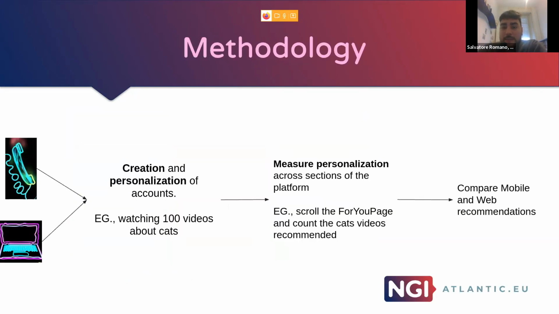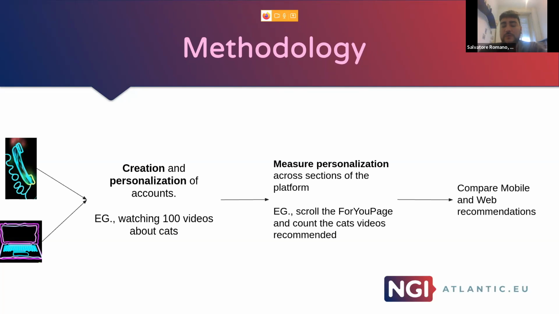Really quickly, the methodology involved a creation and personalization phase. So we created many accounts, and we personalized them using a common procedure across web and mobile. Here I put an example. For example, we used 100 cat videos to personalize some of the accounts.